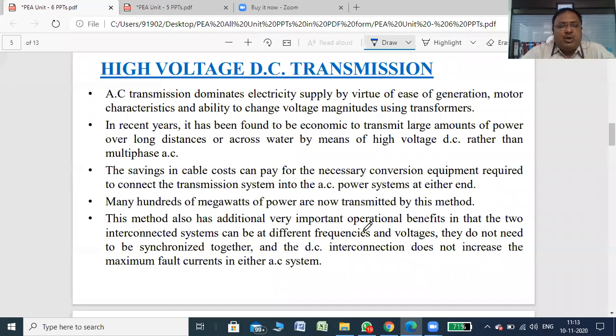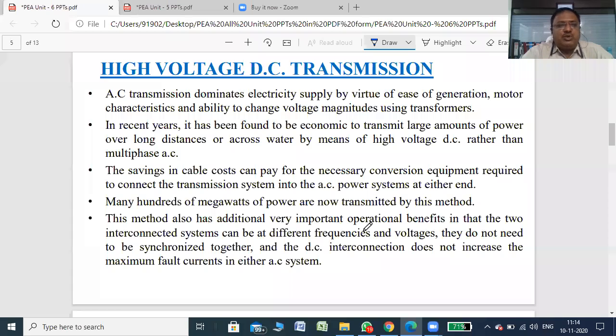The saving in cable cost can pay for the necessary conversion equipment required to connect the transmission system into the AC power system at either end. Many hundreds of megawatts of power are now transmitted by this method. Nowadays, this DC transmission method is widely used.